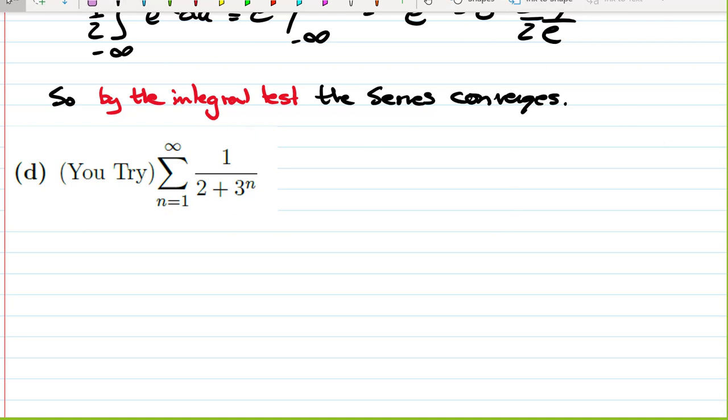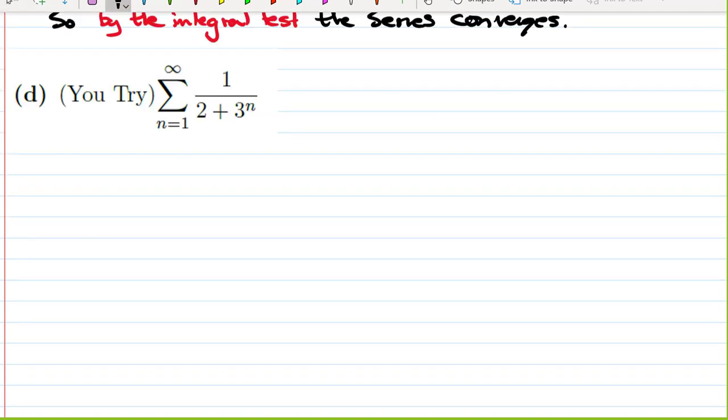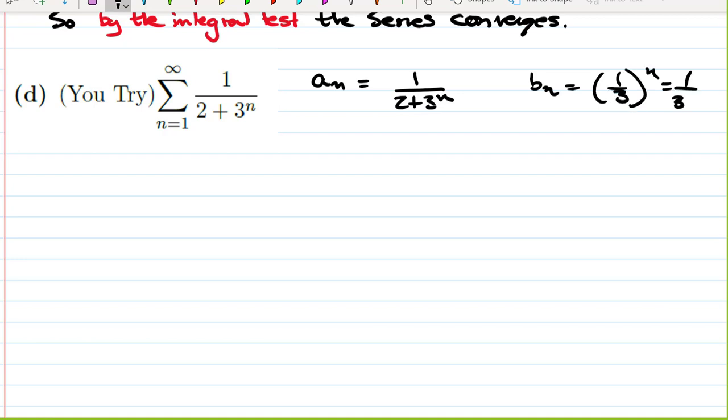So to do this U-try, we might notice that our a sub n is 1 over 2 plus 3 to the n. And that looks kind of like a geometric. So if we were to look at b sub n being 1 over 3 to the n, these things are almost exactly the same, other than I'm adding 2 to the denominator.